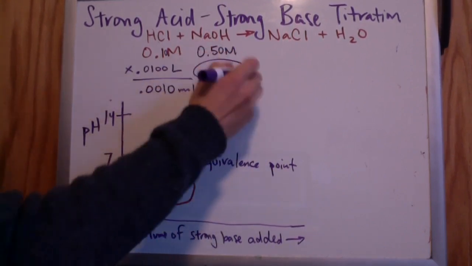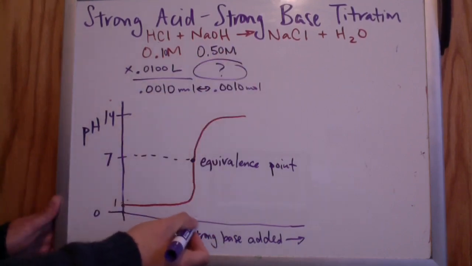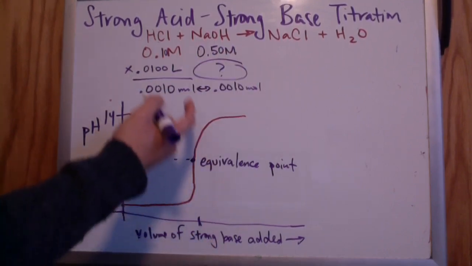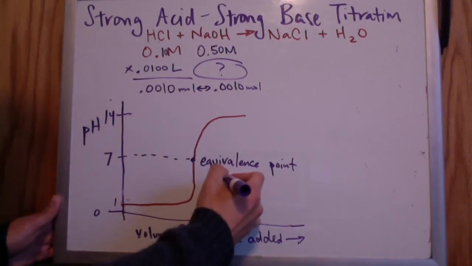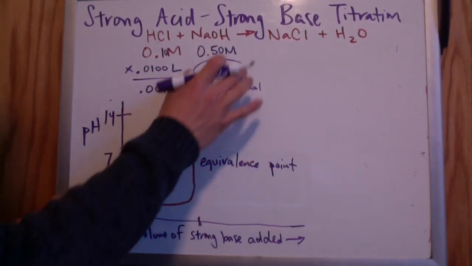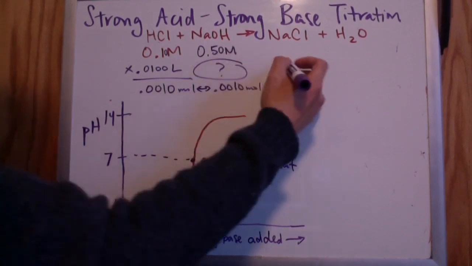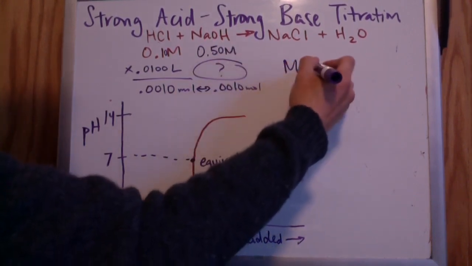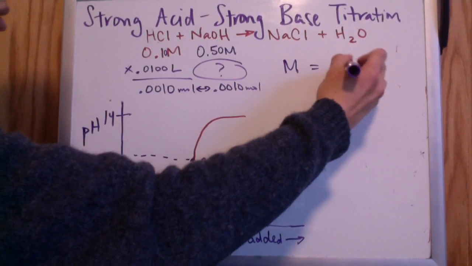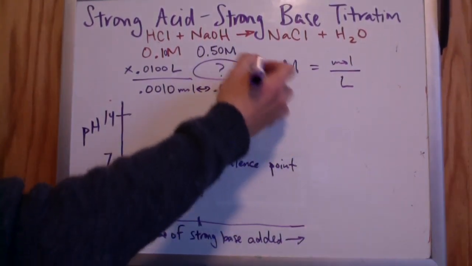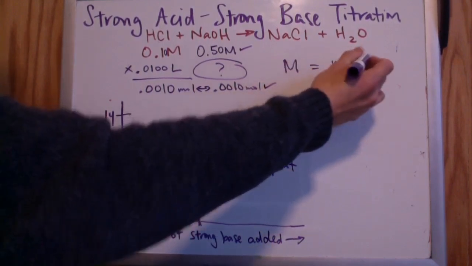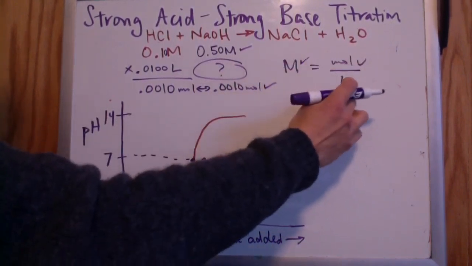Since we want to find the volume at the equivalence point, where they're both neutralized, let's take the moles and divide by the molarity, because remember, molarity equals moles per liter. We have the moles and we have the molarity, and we want the volume.